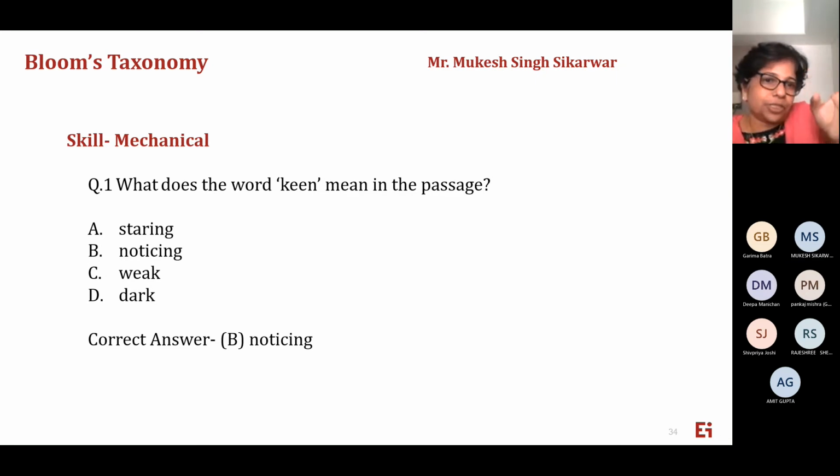Mukesh sir has used adjectives for eyes to create the wrong options. But it would have been nice if one of the options had also been another meaning of keen, but not suited to the context. But anyway, that is a question level analysis of review that I won't go through.